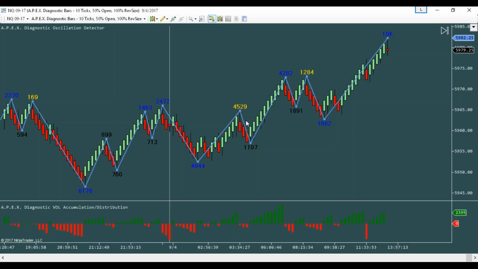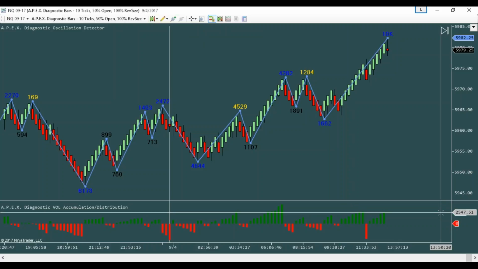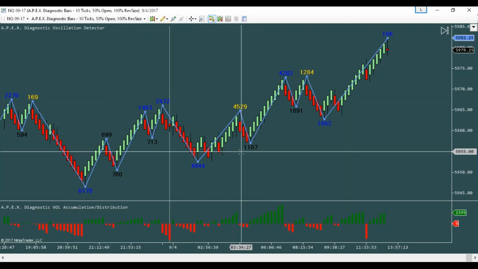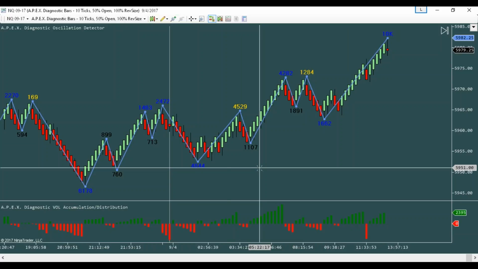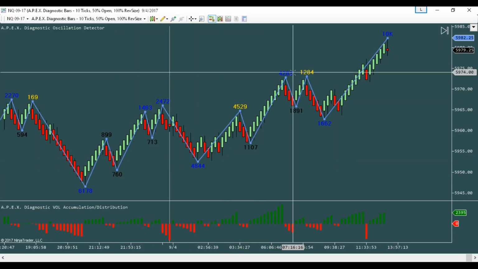As you notice here, you've got numbers. With VAD, there are numbers off to the side wherever these histograms pop up. It's just a slightly different way of reading volume, and some people like to see those numbers instead of just bars.